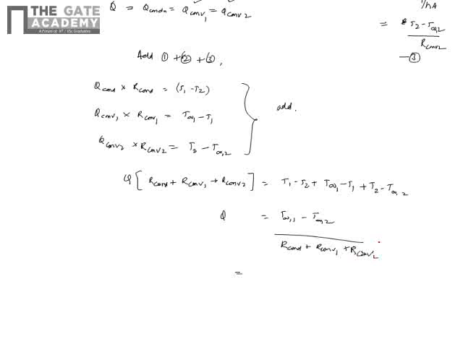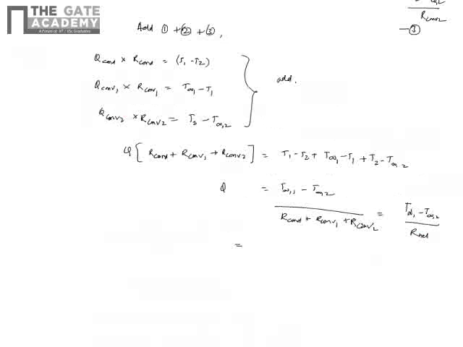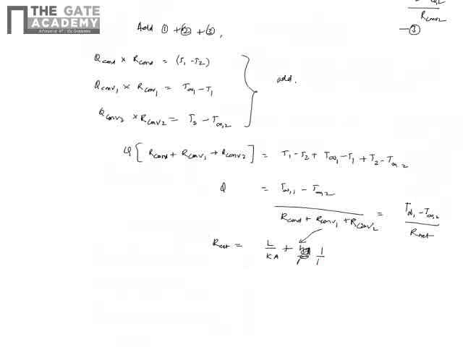Now this is basically something like your total temperature difference, T infinity 1 and T infinity 2, by your net resistance. And so I can write the net resistance is R conduction, which is L by KA, R convection, which is 1 by HA, because this is what we defined as R convection. So 1 by HA, and this is also 1 by HA. So this comes out to be L by KA plus 2 by HA.